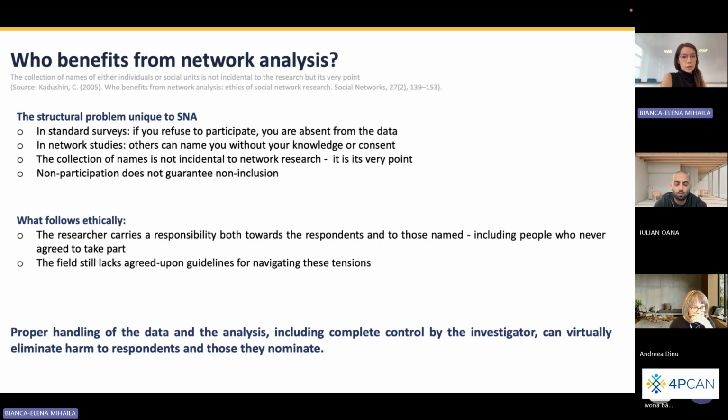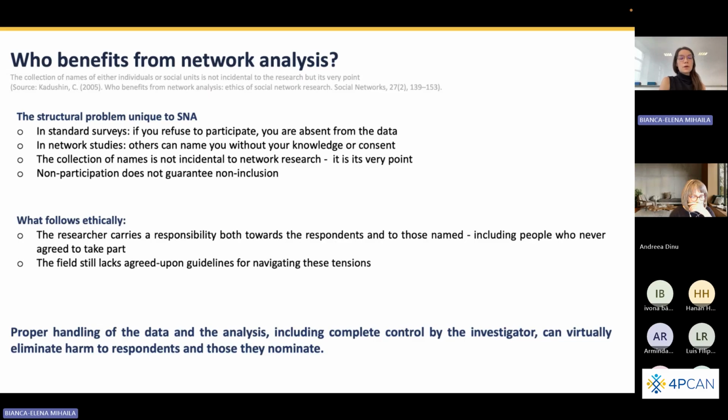Kadushin is building on this idea that non-participation does not guarantee non-inclusion. And of course, we have to have different guidelines on how to work with this data. Proper handling of the data and the analysis, including the complete control by the investigator, can eliminate harm to respondents and those that are nominated by the respondent.